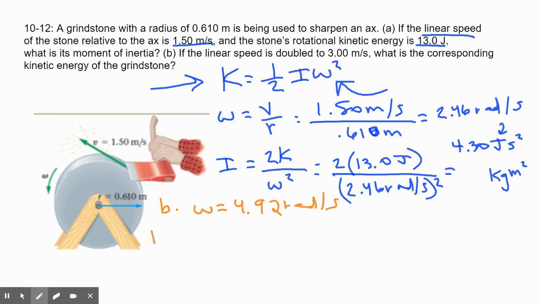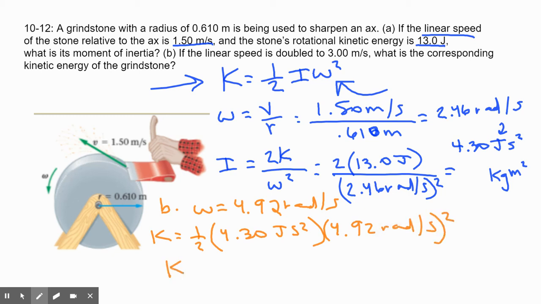Let's plug in what we know. K equals 1/2, we know the moment of inertia because we just calculated it, in joules seconds squared, and then we need our new omega value, which is 4.92 radians per second. Let's square it. So the kinetic energy here would be 52 joules. And that's it.